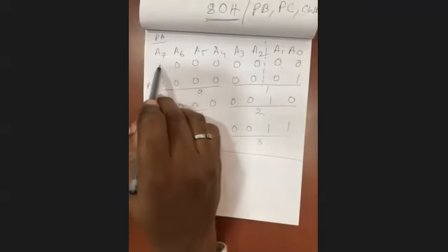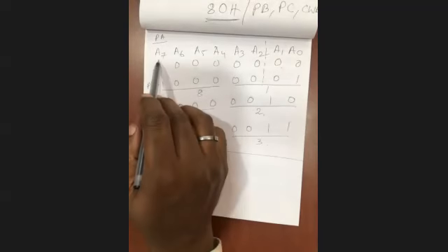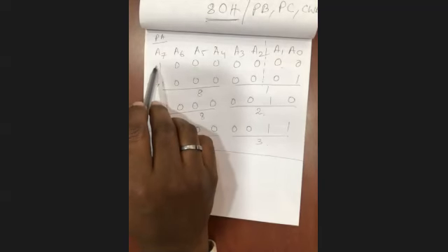A2 to A7. Here it will not be A2 to A15. This is the IO map, that's why only up to A7. So A2 to A7 should be connected with a NAND gate.